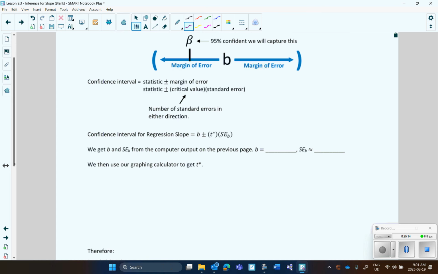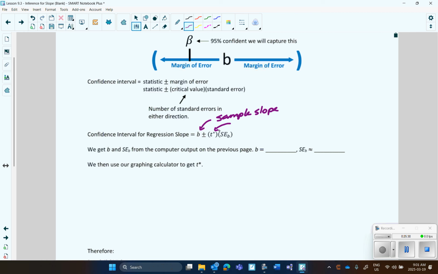So if this is the general formula for a confidence interval, for a regression slope, it's going to be this. This is going to be the sample slope that we have from our computer output. This we're going to have to calculate.